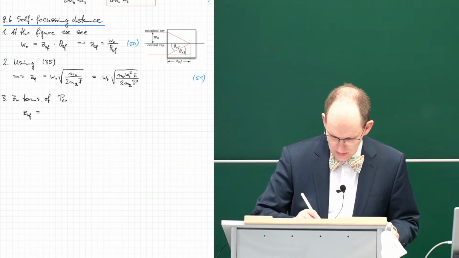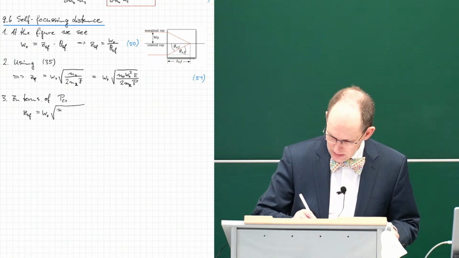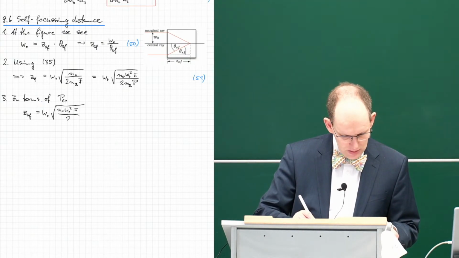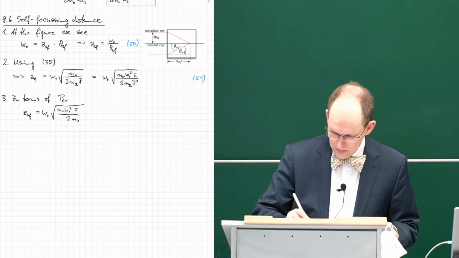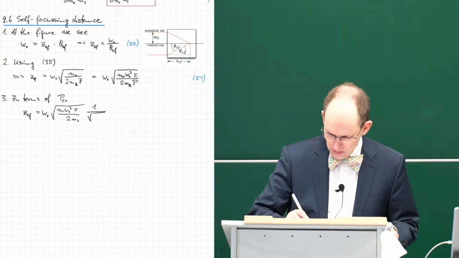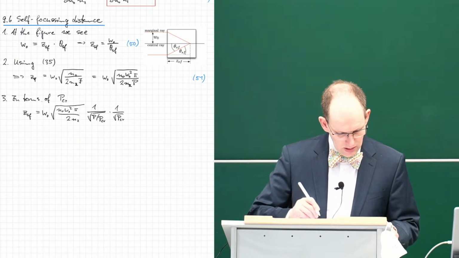So we have W0 times N0 times W0 squared times pi divided by 2 times n2, and then we write 1 over the square root of P divided by the critical power times 1 over the square root of the critical power.